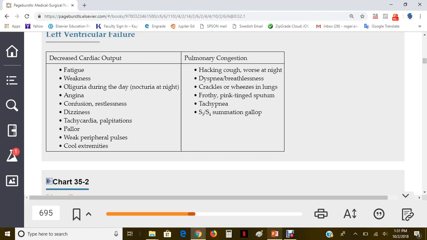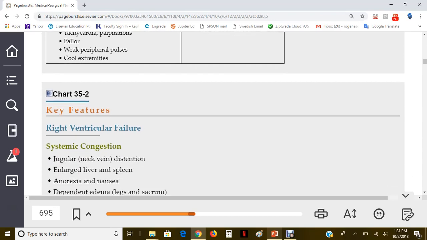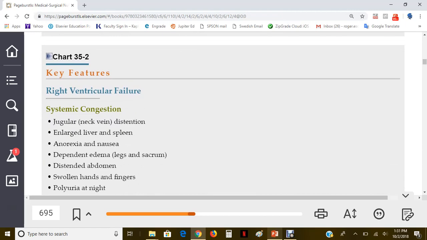All these 6 symptoms listed here under pulmonary congestion are symptoms of pulmonary edema. So the crackles, the hacking cough, the dyspnea, the pink-tinged frothy sputum, and increased respiratory rate are all signs of pulmonary edema. Now let's go to chart 35-2.